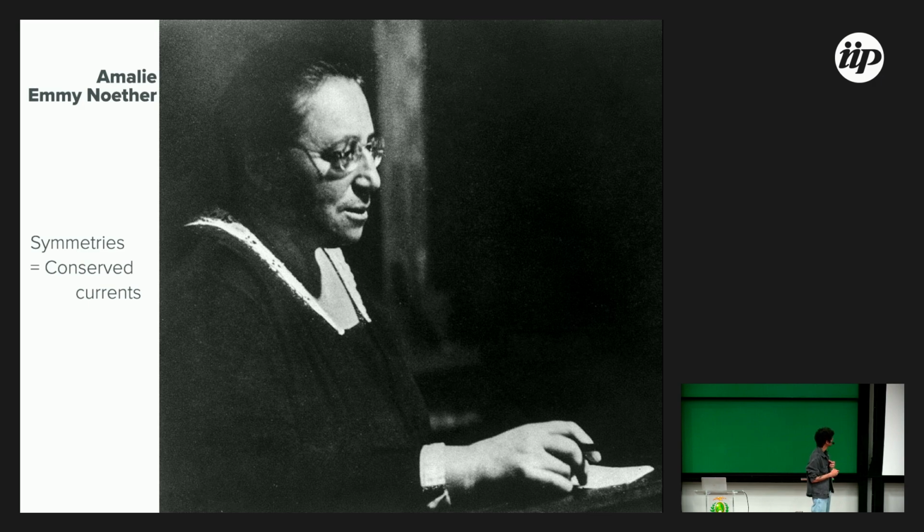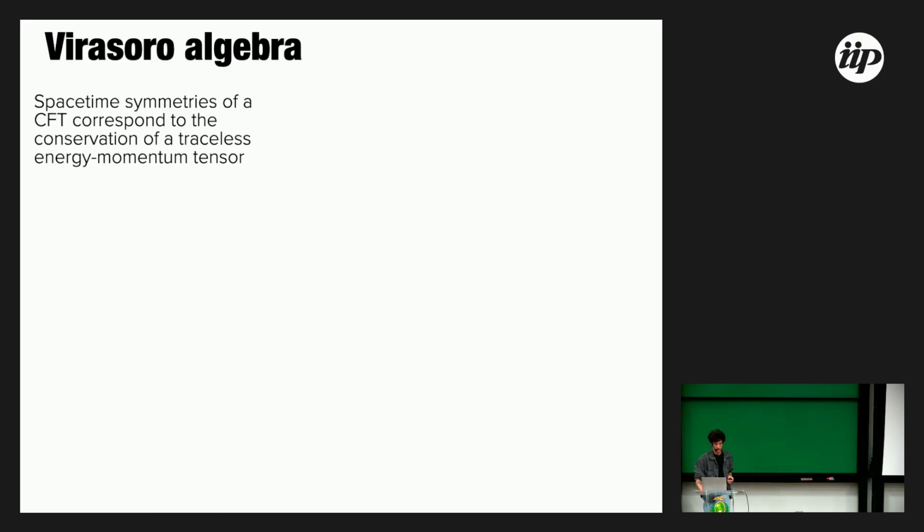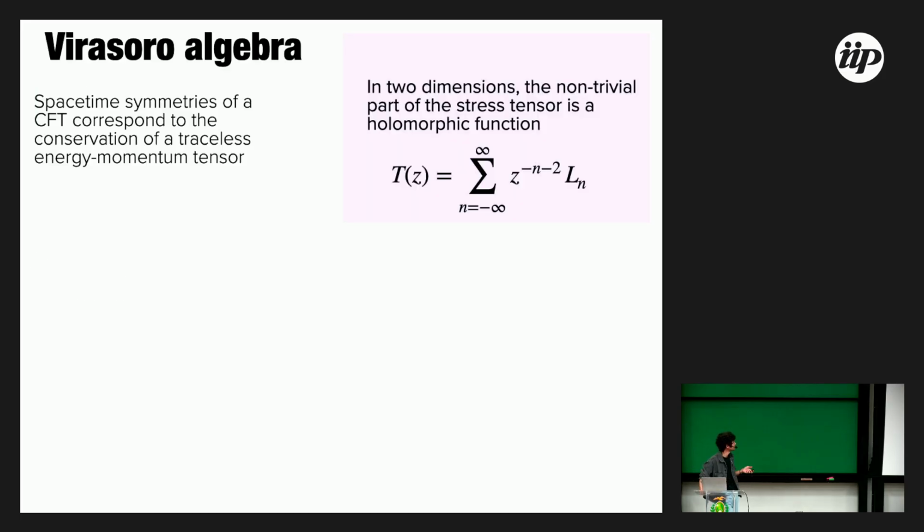Noether taught us that when you have symmetry, you have also a conserved current. So these infinite number of symmetries in 2 dimensions, what currents do they conserve? Symmetry of space-time, translation in space and time, give us a thing called energy momentum tensor.